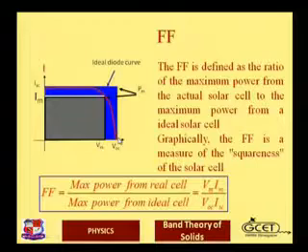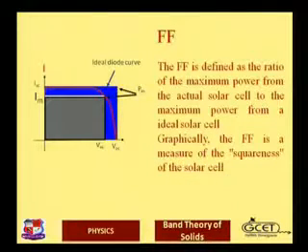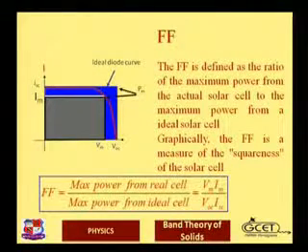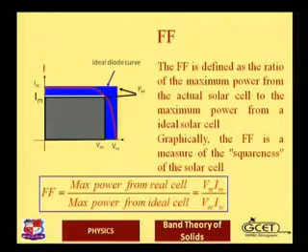ISC and VOC are the two values which give the idealistic view: ISC at voltage 0, VOC at current 0. But in reality we get PM as our maximum power point, and corresponding to that, IM and VM are the realistic current and voltage. So we have fill factor as the ratio of the real power to the ideal power. This gives an idea of how the solar cell will work in realistic situations.